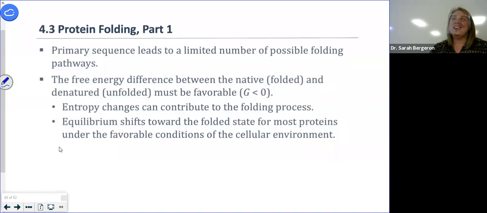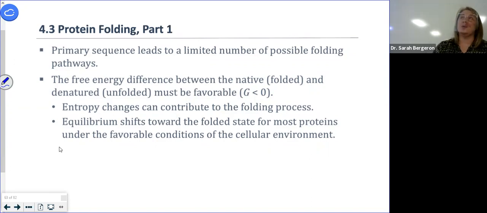Well, the same thing's true once you have a particular sequence. Now, how can that sequence fold? Theoretically, there are lots of different ways, right? But there are only some folds that are productive, that make proteins that can do a function. So it's the same sort of limitation.